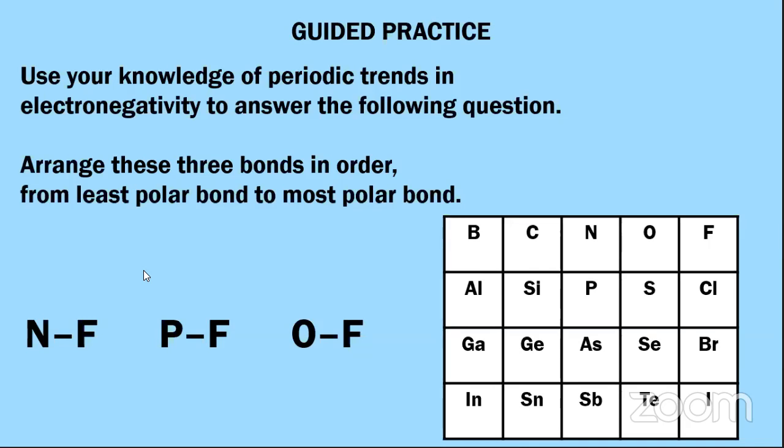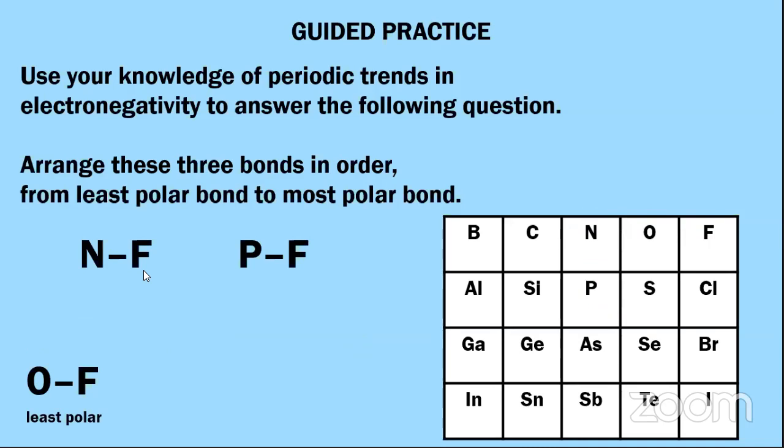So considering we have fluorine, oxygen, nitrogen, and phosphorus, I would say that the least polar bond has the smallest difference in electronegativity. And so I would go with the ones that are closest to each other on the periodic table. So in this case, the oxygen-fluorine bond should be the least polar.